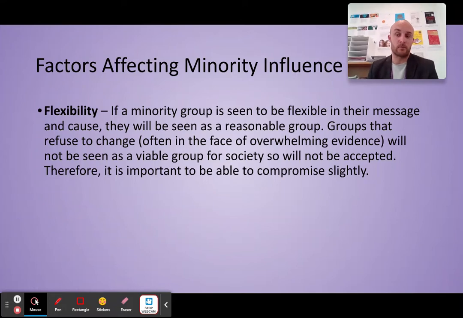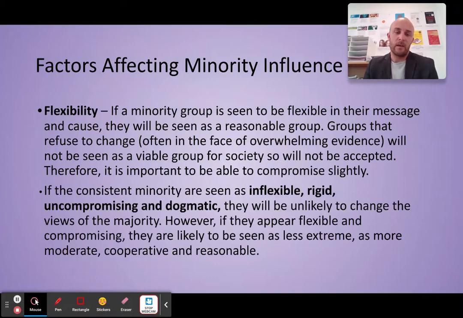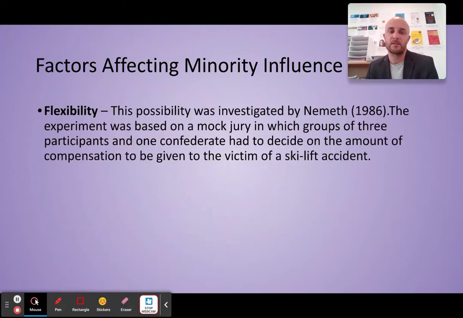I can't give examples off the top of my head, but I'm sure there are some. Again, that's not me being anti-religious. So, if the consistent minority are seen as inflexible and uncompromising, they're unlikely to be taken seriously, and they're probably going to be seen as having quite an extreme view, which people aren't obviously going to listen to.